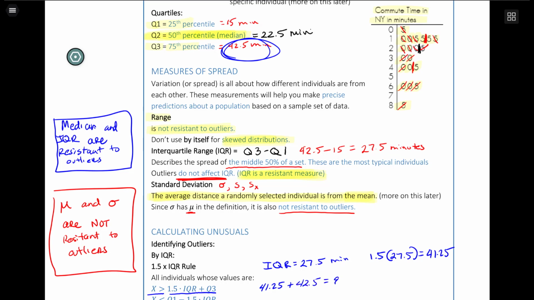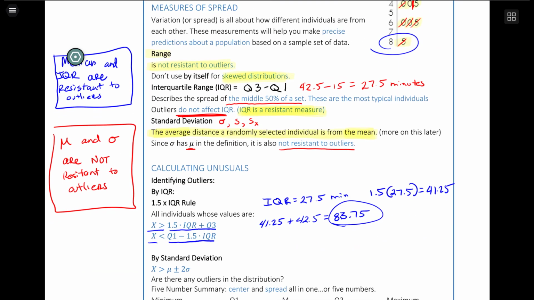And that's going to give me 83.75 minutes. My question is, did I have any individuals that had a longer commute time than 83.75 minutes? And we'd say, yes. That person that had an 85-minute commute time is an outlier by the 1.5 IQR rule, because 85 is more than 83.75.